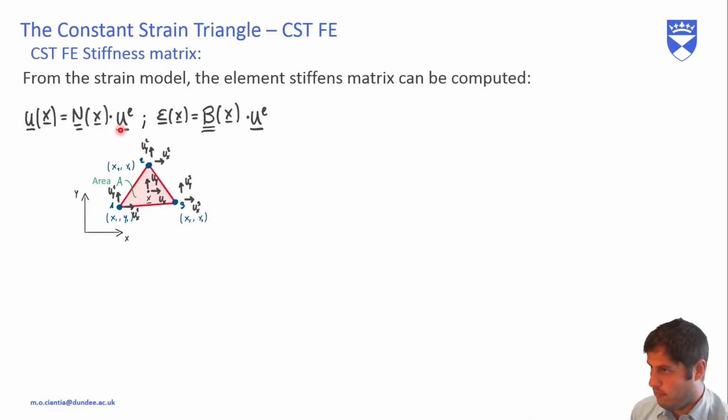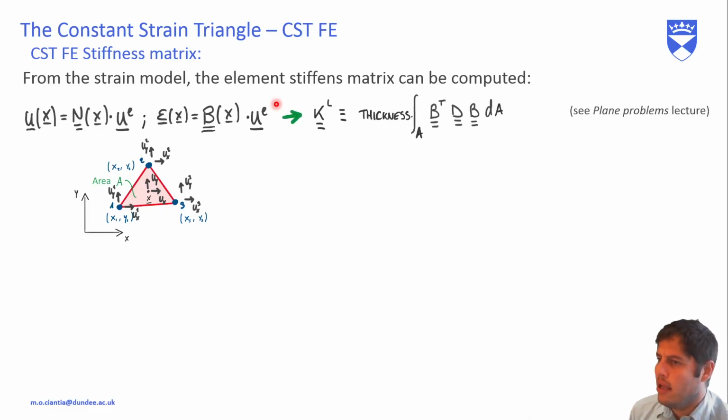Well, we have the displacements are N times the nodal displacement vector. The strains are B times U^e. And if you look at the definition of the stiffness matrix, look at the previous lecture on the finite element method.